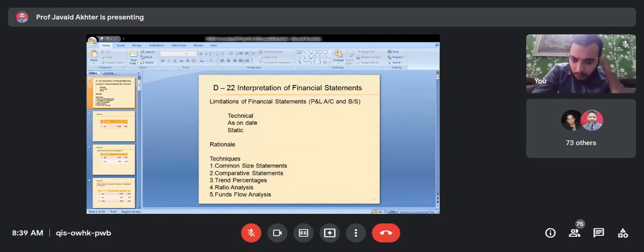In the case of the first one, the common size statement, we will convert everything into one common denominator or common base, either percentage or something else, and then compare with our own previous records or with others.